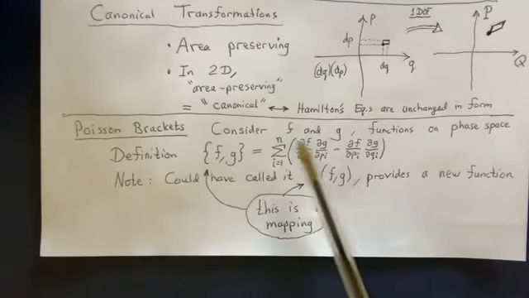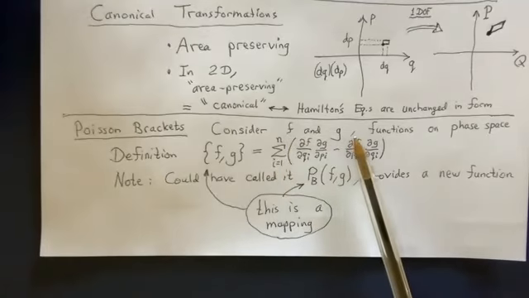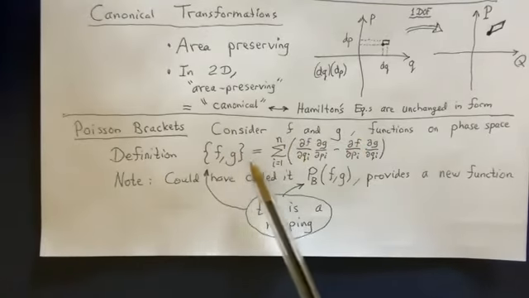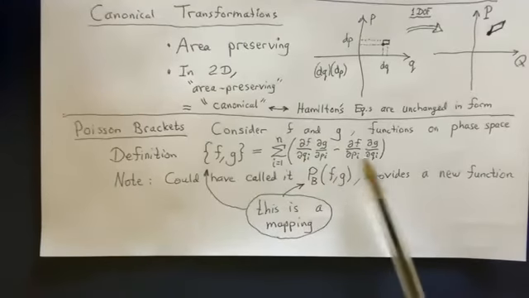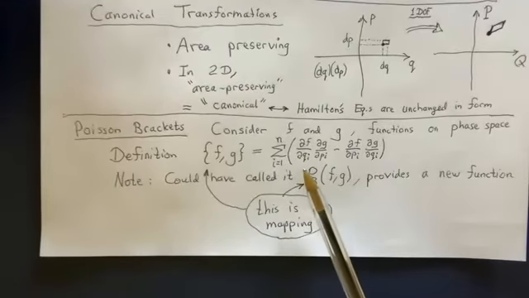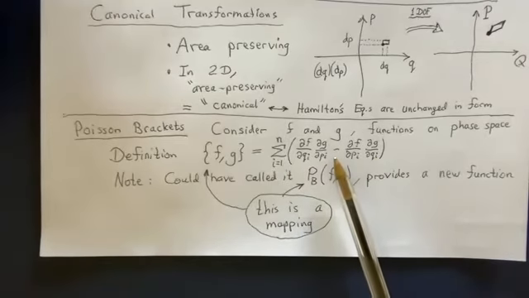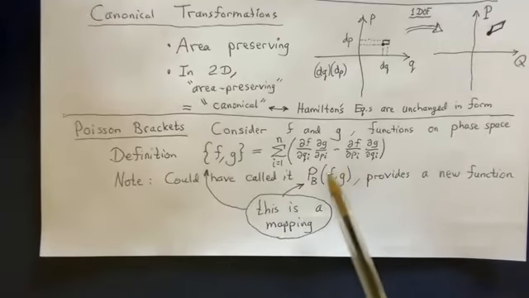Okay, here you have two scalar fields. These are not vector fields. f and g are scalar fields. This construction here asks you to compute a bunch of partial derivatives. In this case, we're going to add them up, etc., with proper minus signs in place. The resulting object is, again, a function on phase space. So that's the crucial thing.